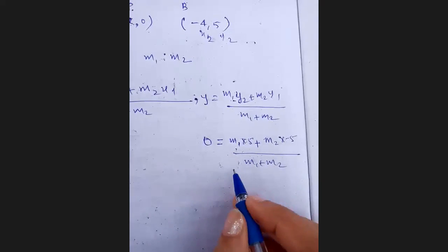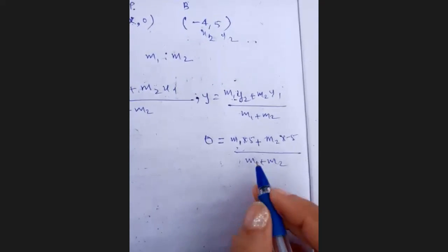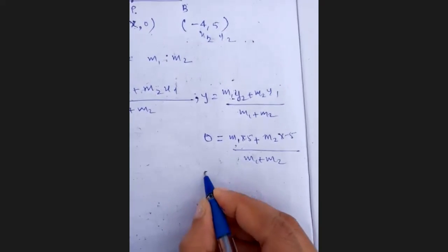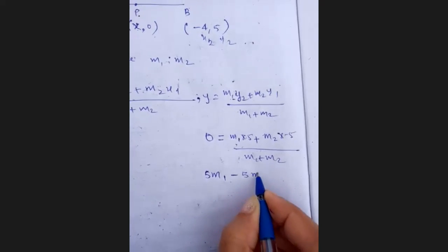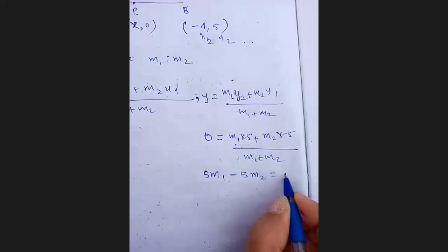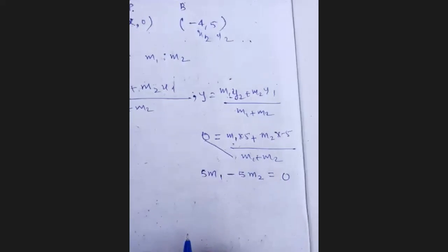When you do cross multiplication here, अगर cross multiplication करते हो तो क्या होंगे, 5 m1 minus 5 m2 is equals to 0, because ये 0 से multiply होंगे तो क्या होंगे, 0 होंगे.